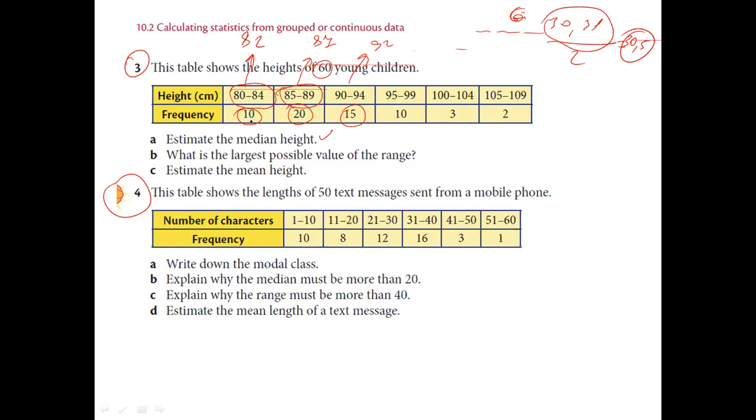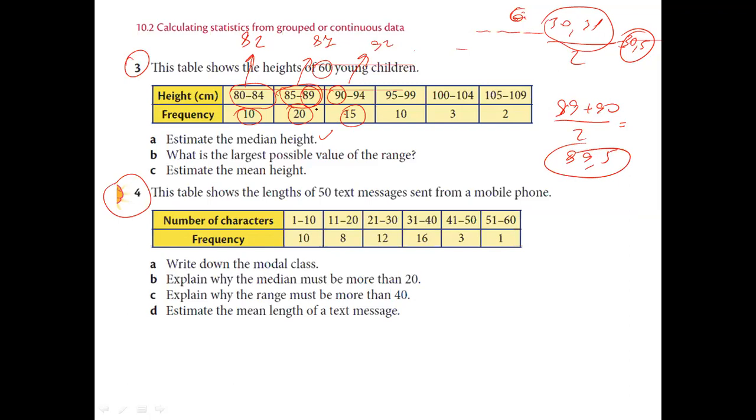Where is it? 10 plus 20 is 30, and it's here, between 89 and 90. So 89 plus 90 over 2 is equal to 89.5. The answer is 89.5 centimeters.